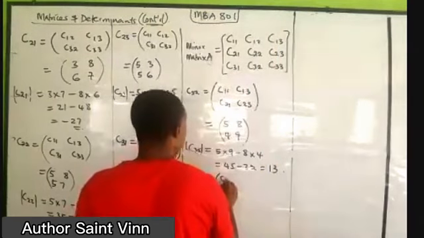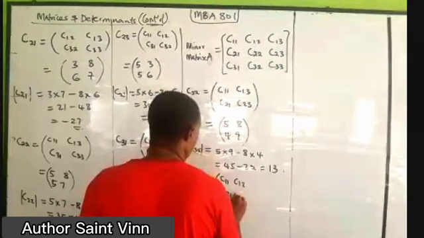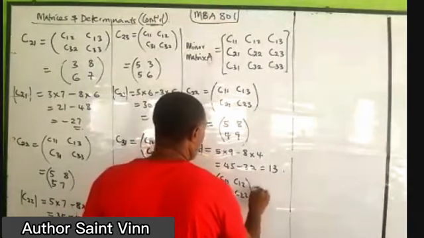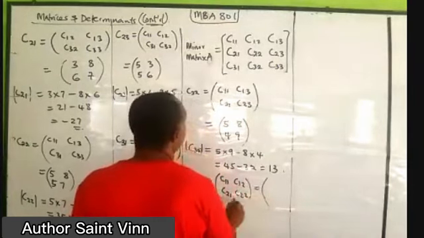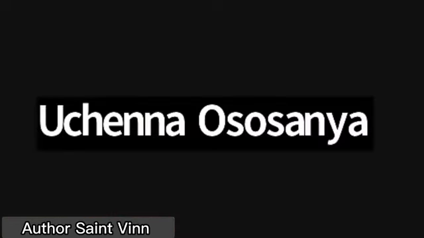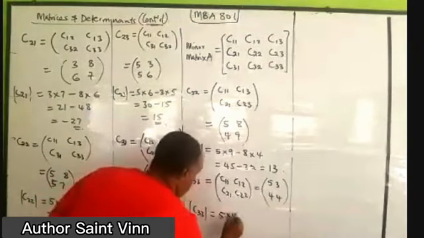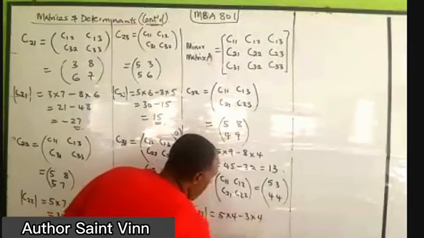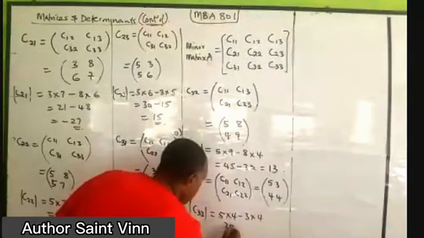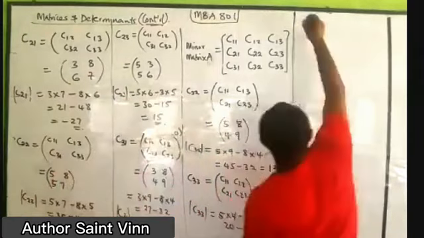We have C11, C12, C21, C22. Who is helping us? 5 3, 4 4. So C33 is equal to 5 times 4 minus 3 times 4. Right? So here is 20 minus 12. Result is 8.